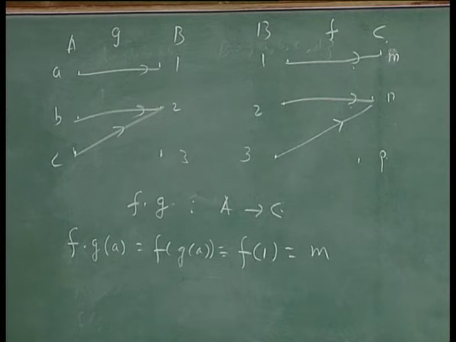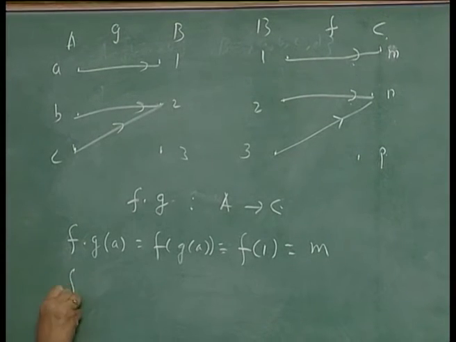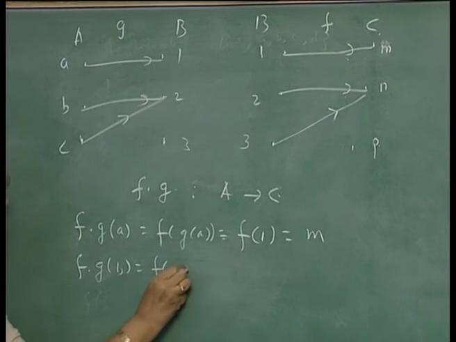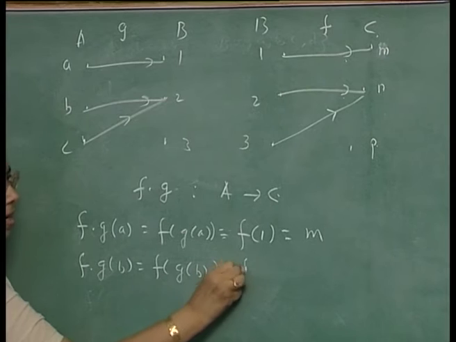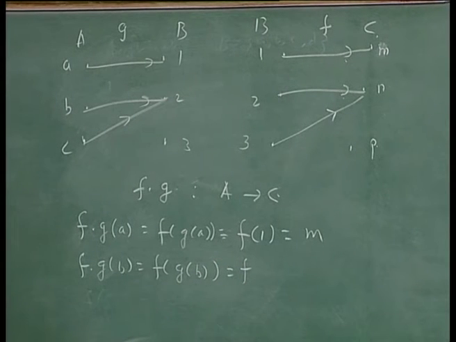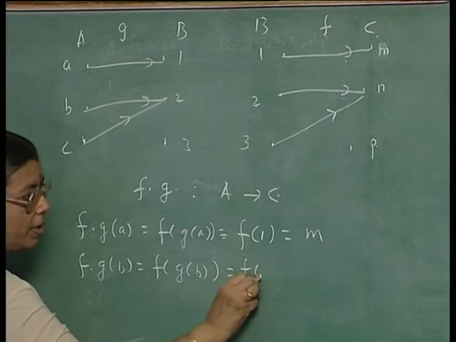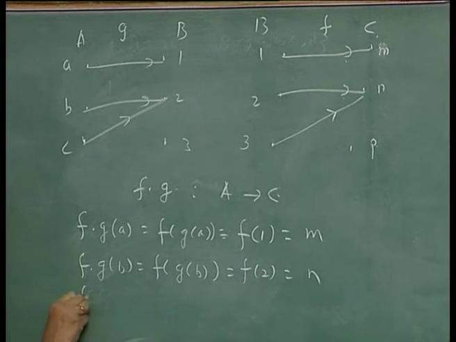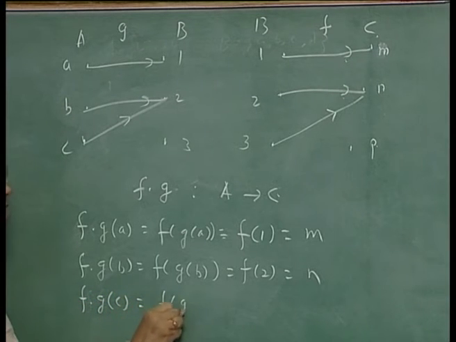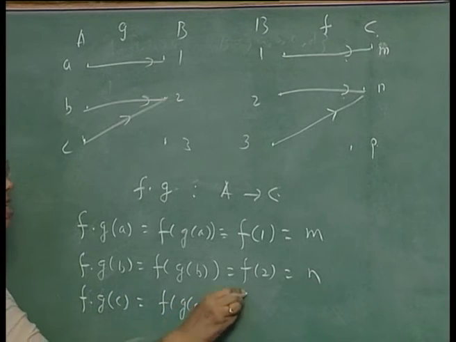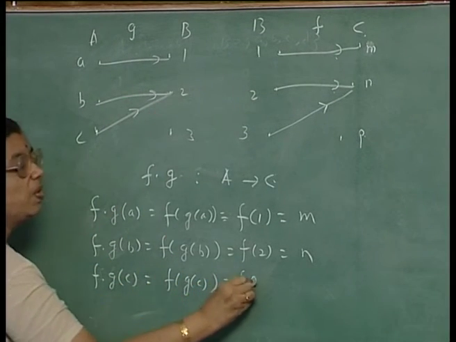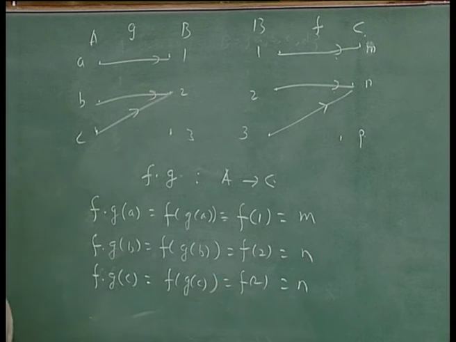So, f g of a is m, f dot g of b will be f of g of b, and that is f of, what is g of b? 2. So, 2 is mapped on to n. What is f dot g of c? That is f of g of c, that is f of, what is g of c? That is 2. So, that is n.